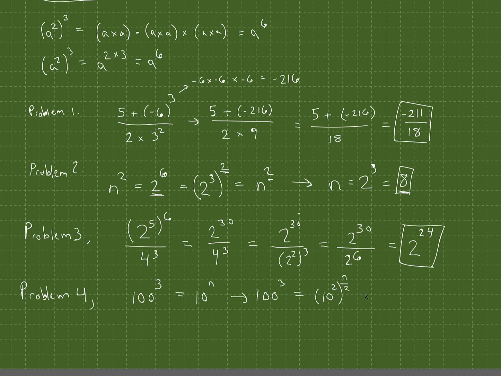Okay, so now we can see we have 100 cubed equals 10 to the n over 2. So n over 2 equals 3, or n equals 6. Yep, okay. And we're going to do one more, and this one, actually, that's it.